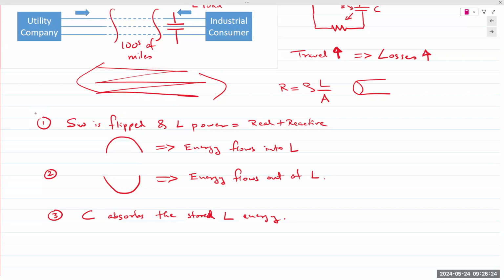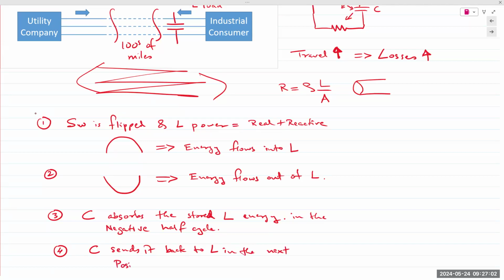Okay, the energy is now bouncing back and forth locally at the industrial customer's facility and not traveling back and forth over long distances. Capacitor absorbs the stored energy in the negative half cycle, and C sends it back to L in the next positive half cycle.